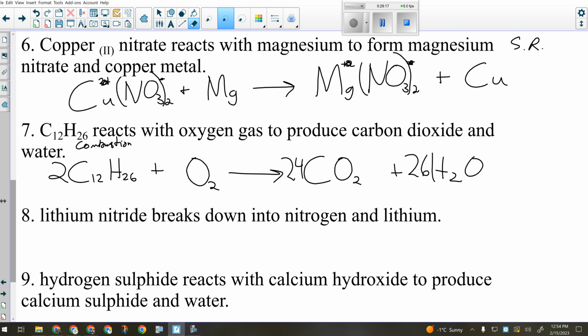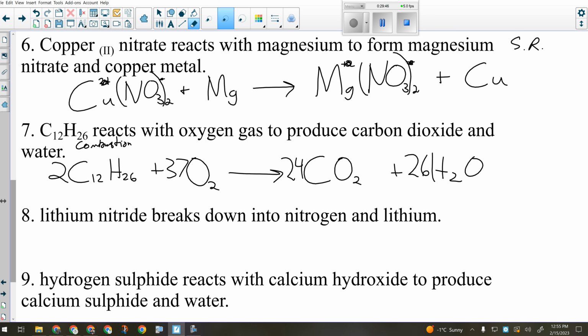So I need 74 oxygen. 74 divided by 2 should give me 38? 36. No, 38. That was right the first time. 37. See, this is why I shouldn't do math in my head. I should just start the calculator and do it that way. Big numbers, yes. Can you have a calculator on your test? Yes, you can totally have a calculator.